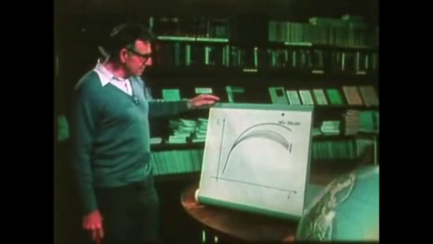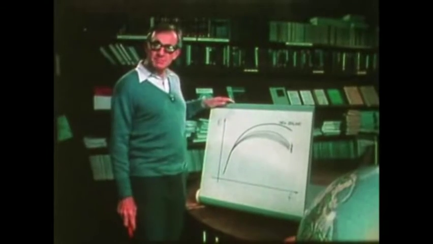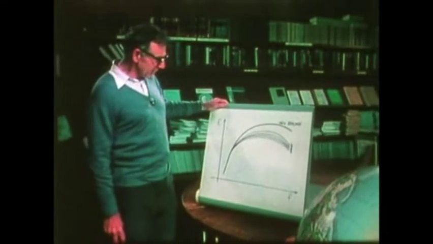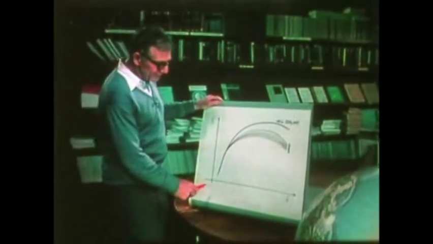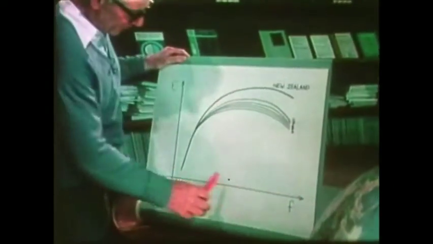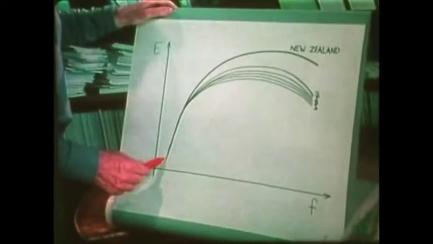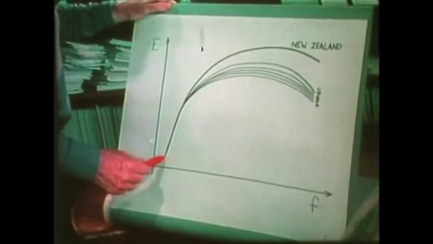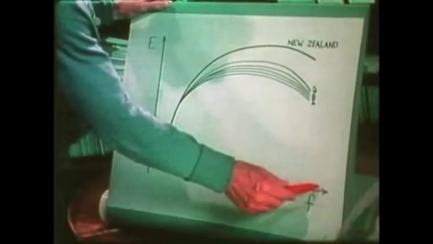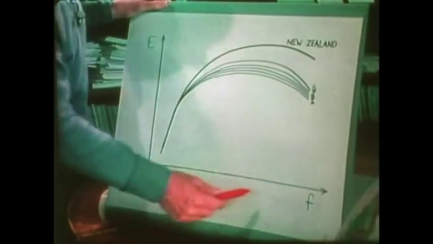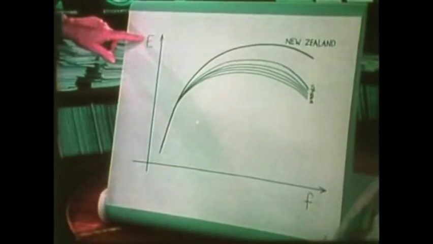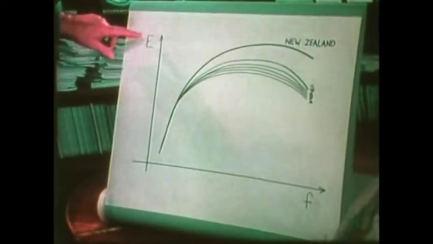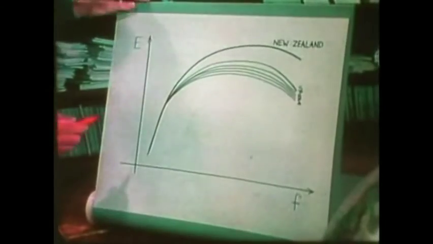But let Walter Munk tell you about it in his own words. This graph sums up the expedition result, makes it a little simpler than in fact it was. Here's a frequency axis going from low frequencies of about 3 cycles per minute to about 6 cycles per minute. And this is the energy density associated with these frequencies. Now, take New Zealand first.